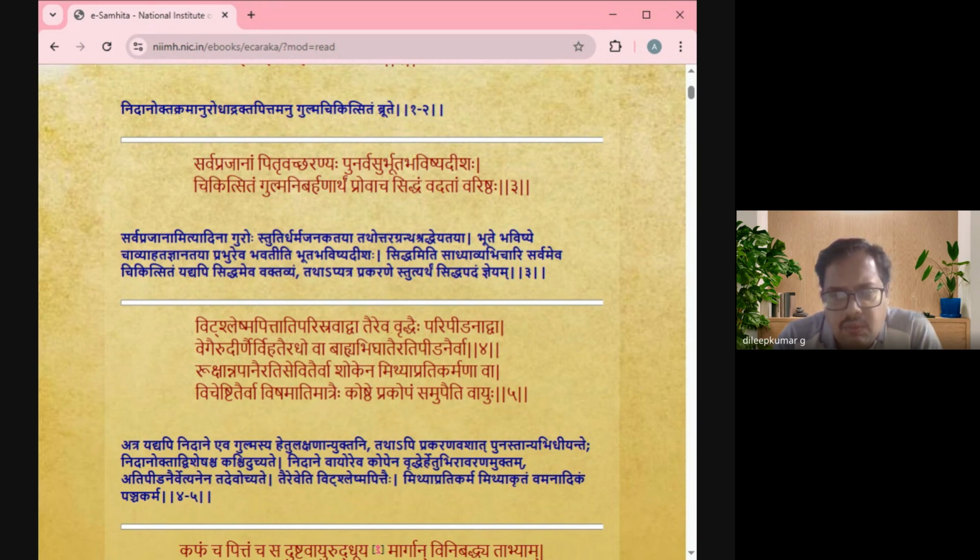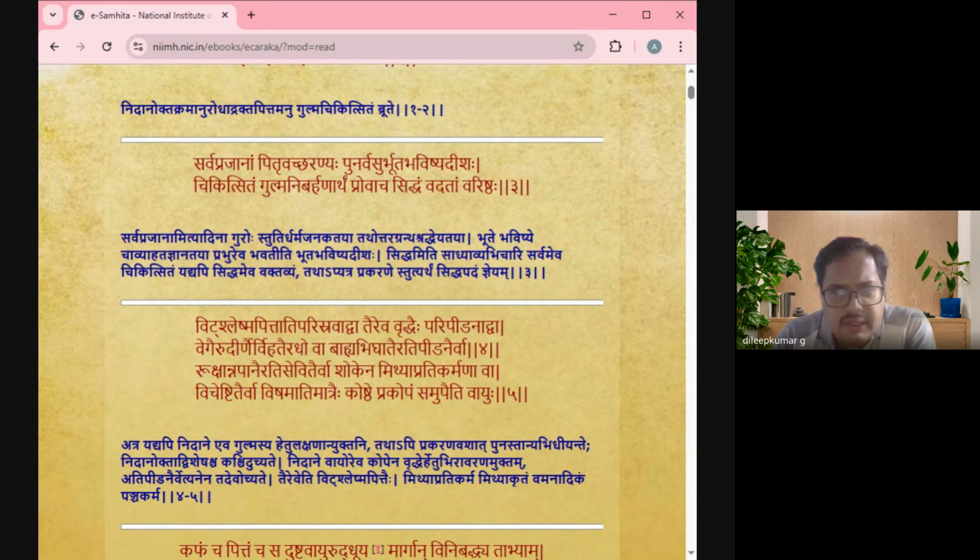If this fluid is evacuated excessively, excessive diarrhea, excessive vomiting, or because of some GIT infections, GIT irritations, the amount of sneha dravya in the GIT becomes less. That means vata is increasing, rukshata in the GIT is increasing.